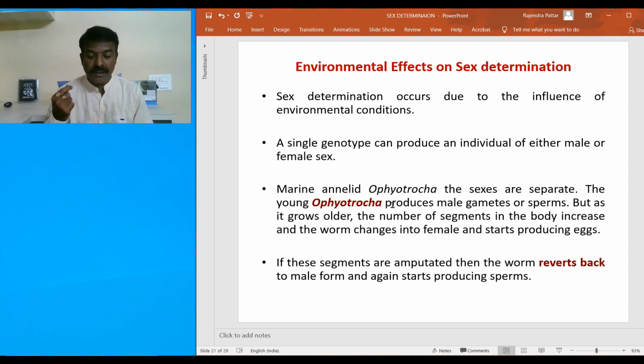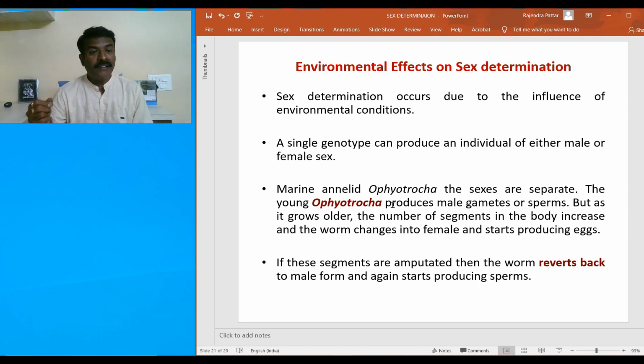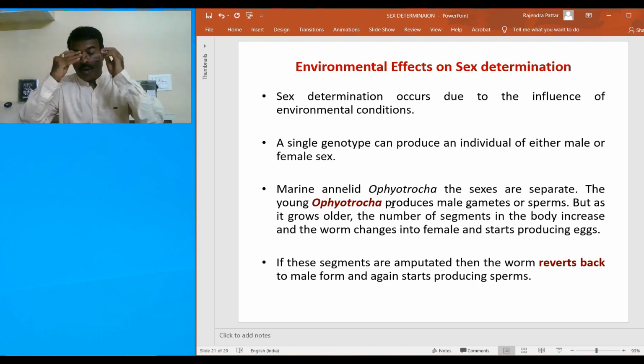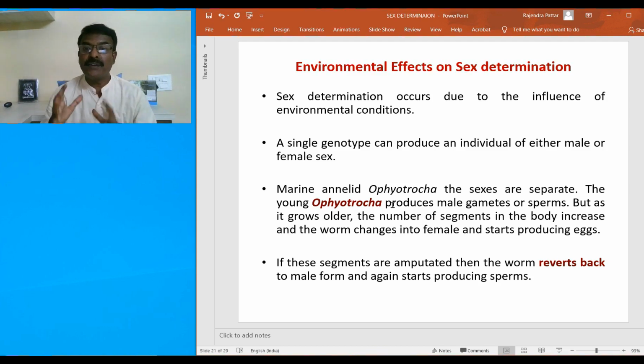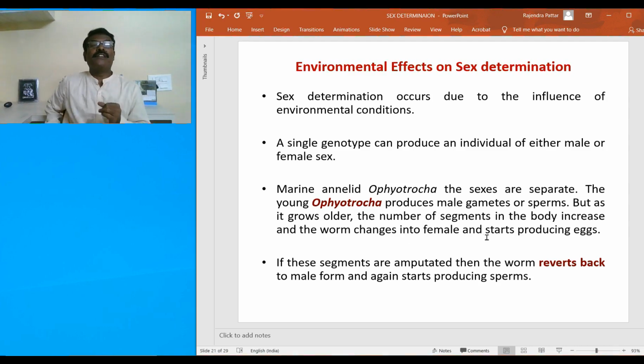But what happens as it grows older, as time passes by? As it is an annelid, the number of segments will increase in its body. The increased number of segments in the body could influence the individual. Obviously, after some time, the sex of the individual will change into female and it begins to produce eggs instead of sperms. Once again, I repeat, in the case of Ophiotrocha, after attaining sexual maturity, it will begin to produce sperms as it is a male.